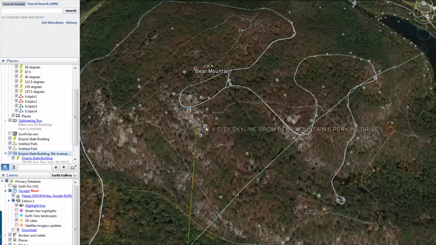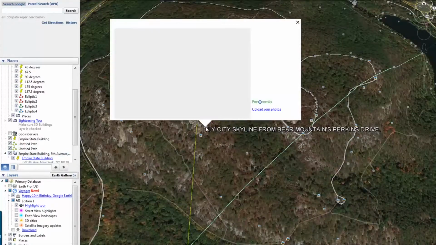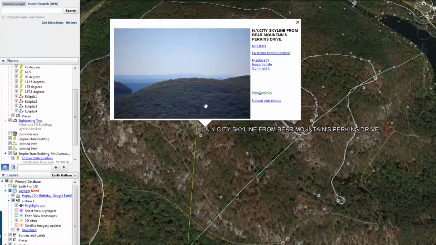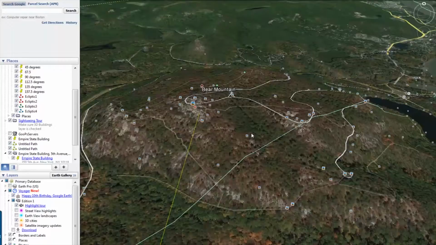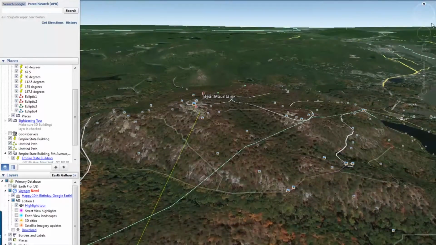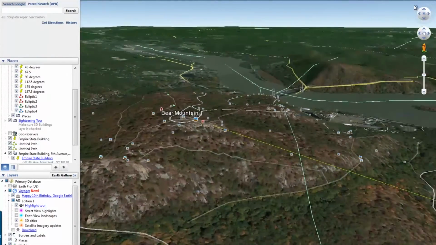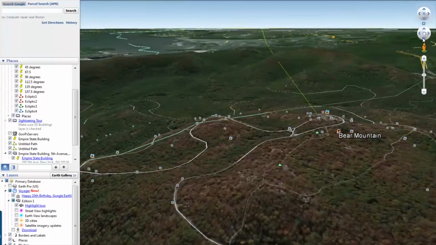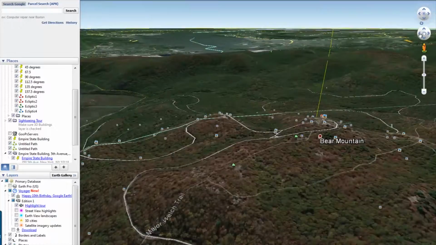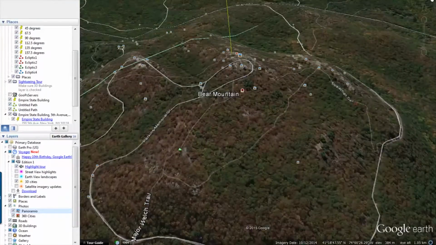There's actually photos posted there of the skyline from this vantage point. Let's rotate to the correct orientation, pointing towards the skyline of New York. And you can see our path is pointing straight to the Empire State Building.